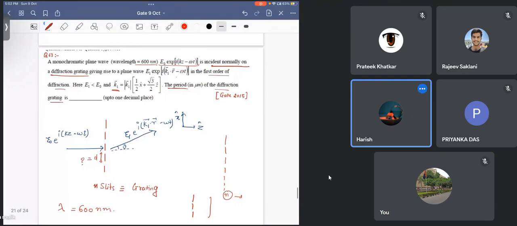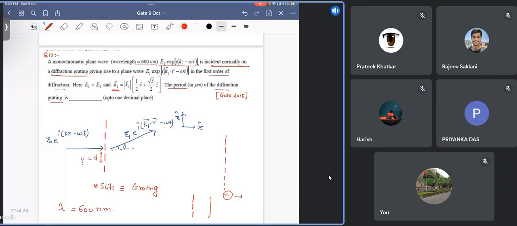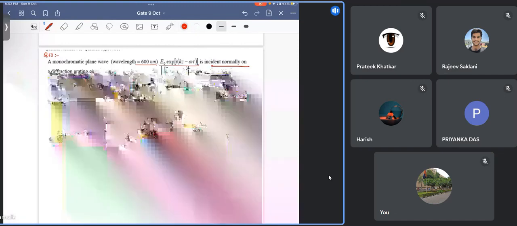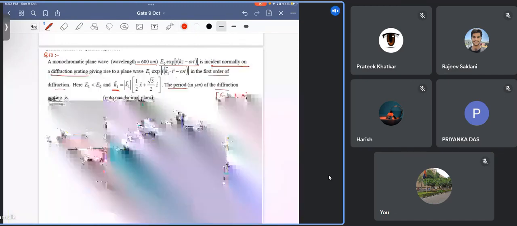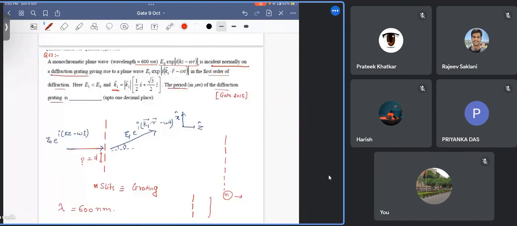So you have a wave incident normally onto this diffraction grating, and in first order it goes in this direction. We have to calculate the period d of this diffraction grating.